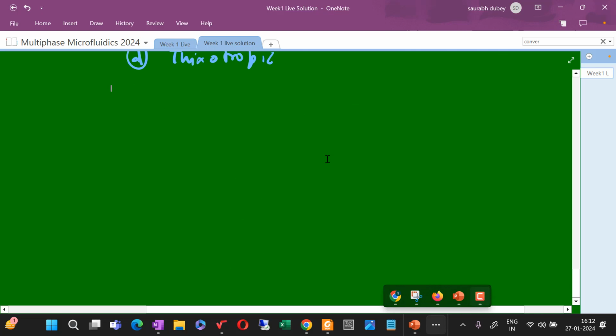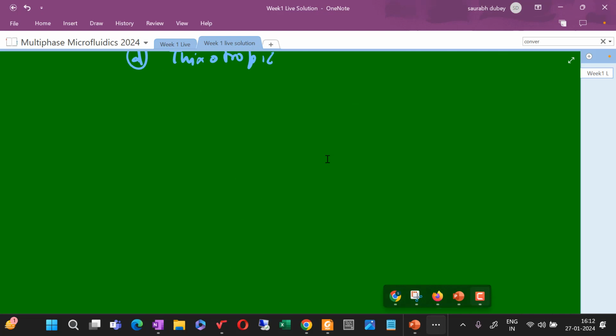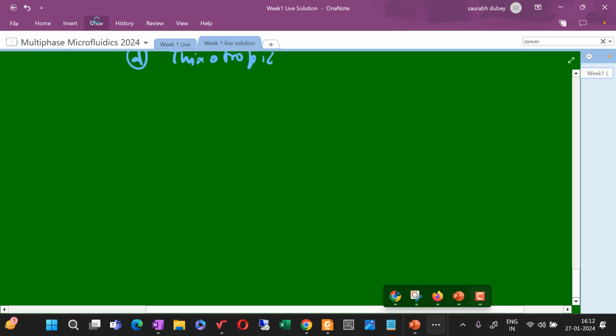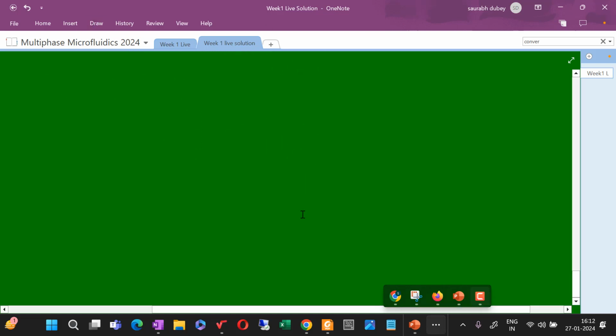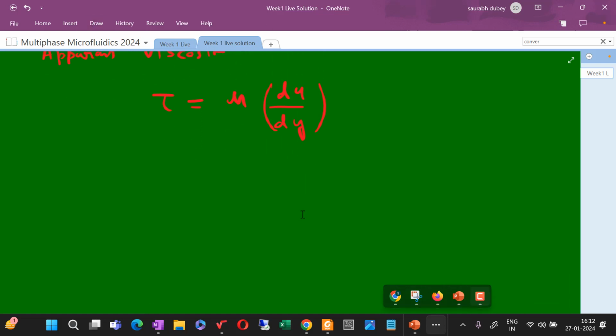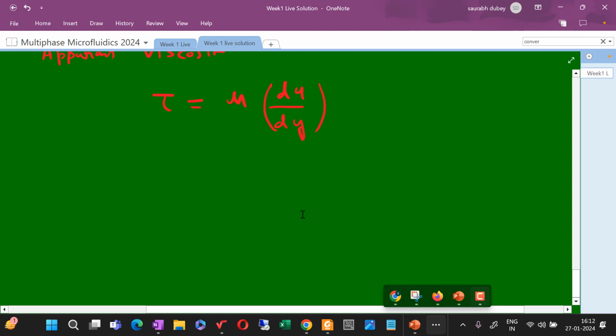What is apparent viscosity? One thing you know is that tau equals mu du by dy. This is the standard formula for the stress.